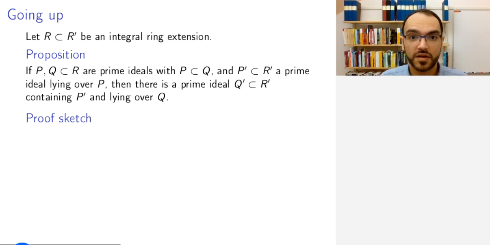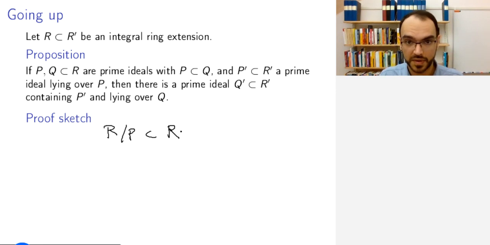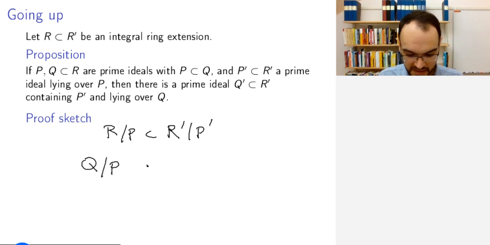The idea is to consider, again, R mod P inside R prime mod P prime. And then you consider Q mod P here. So Q contains P, so you consider Q mod P. This is a prime ideal.